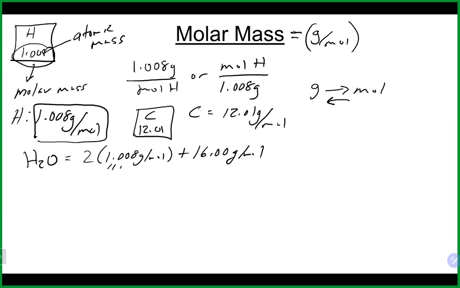So that's basically our hydrogen, and that's our oxygen. When you add that together, that gives you how many grams there are per mole. So that's 18.02 grams per mole of water. That means 1 mole of water would have 18.02 grams. Again, you could also use it as a conversion factor, grams on top, moles on the bottom, or flip it, moles on top and grams on the bottom as well.